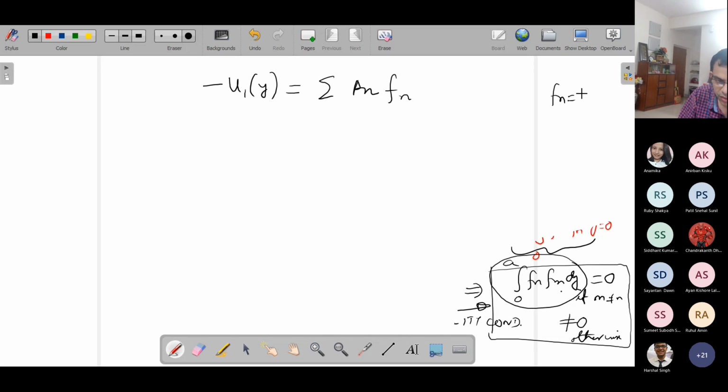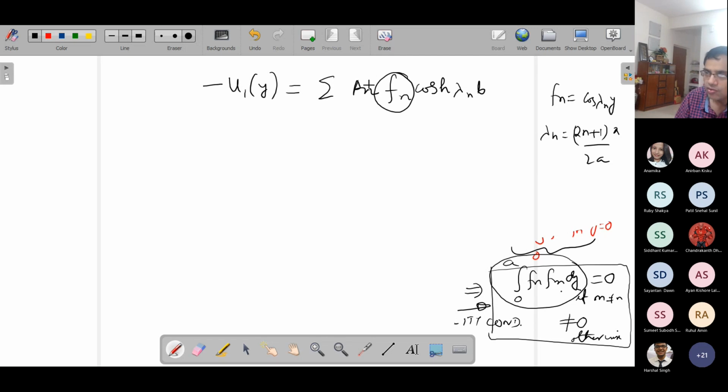Fn is this one, cos lambda n y, where lambda n is (2n plus 1) pi by 2a. I am just writing the symbols into gn substituted at z is equal to b, so cosh lambda n b.